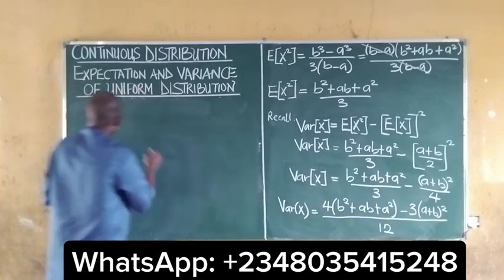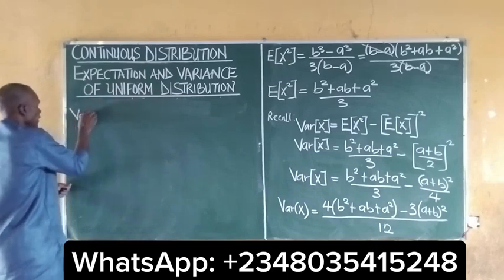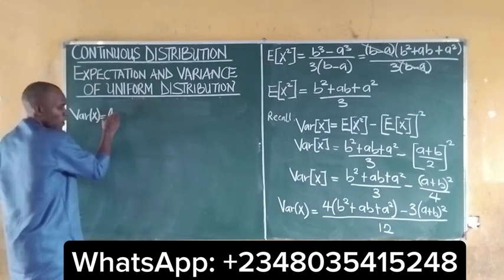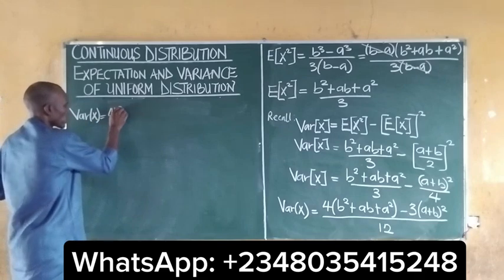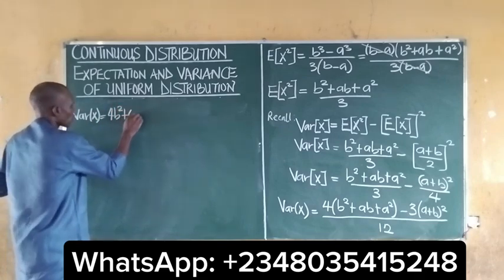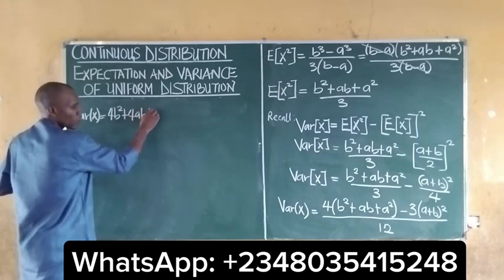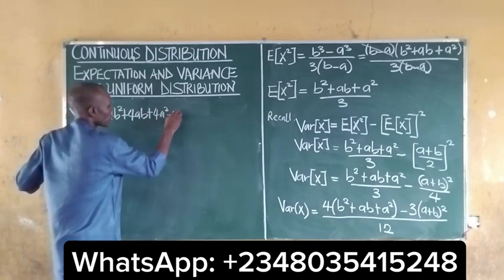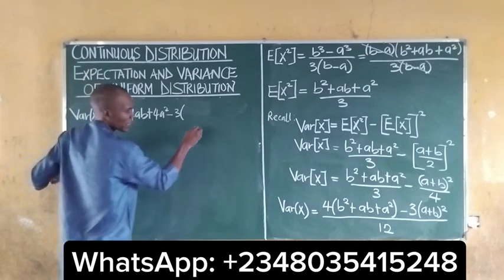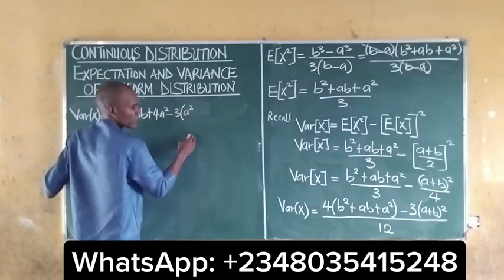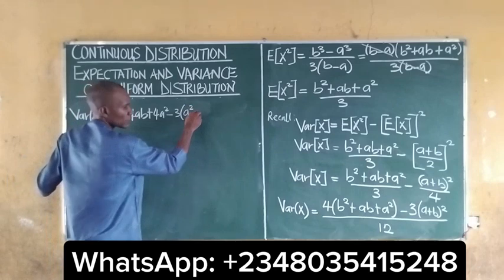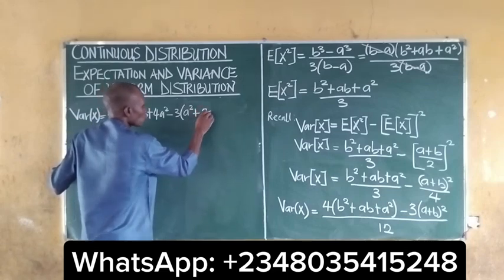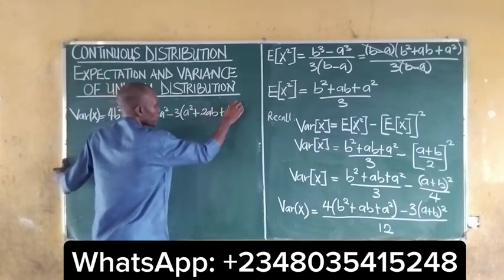So expanding this, we have our variance of x to be equal to 4b squared plus 4ab plus 4a squared minus 3. We open this bracket to give us a squared plus 2ab plus b squared.